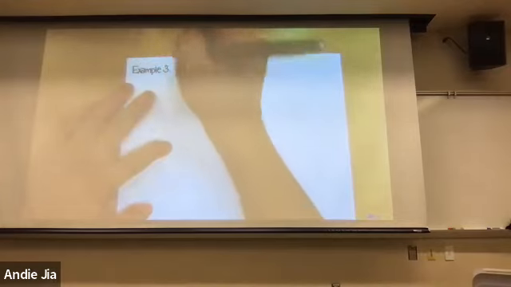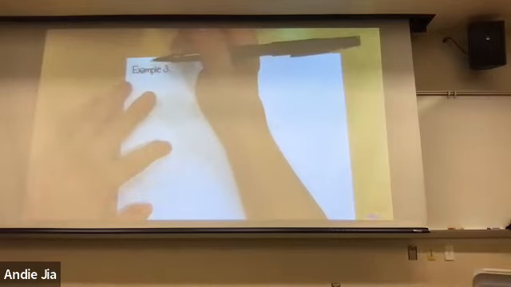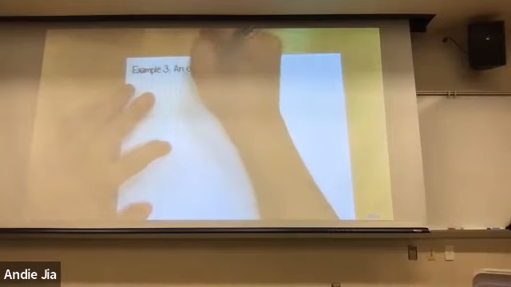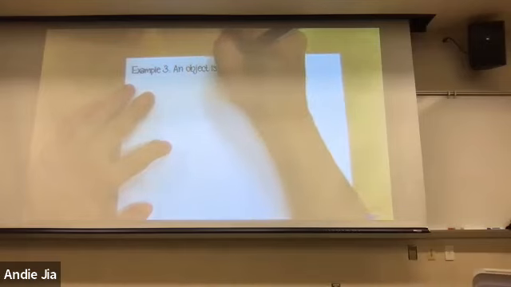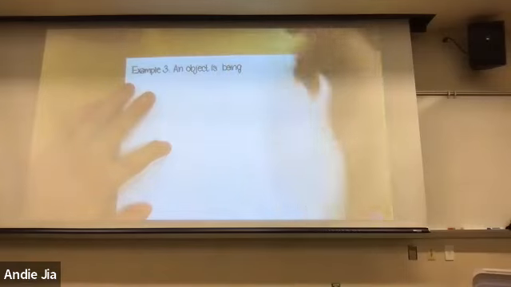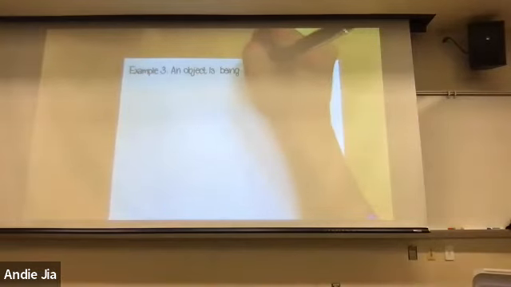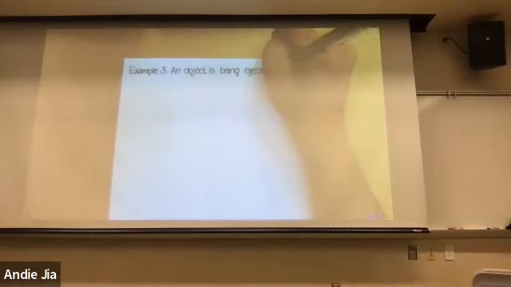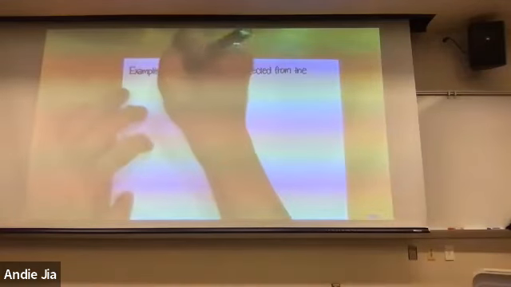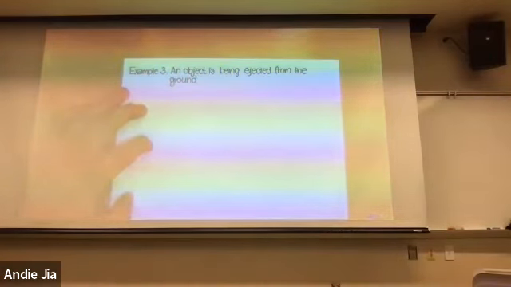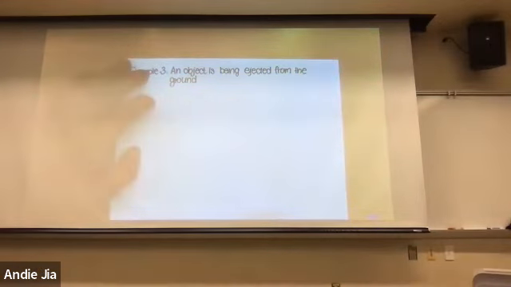A small rocket, or let's just call it an object, ejects from ground level, and it experiences a change as it travels more distance and the weight is reduced.